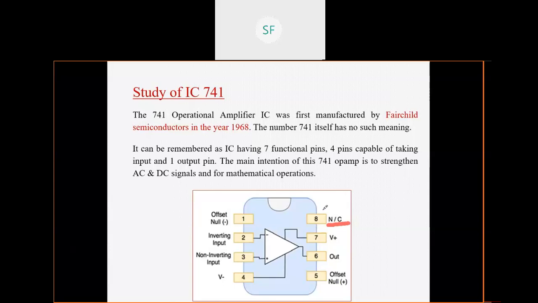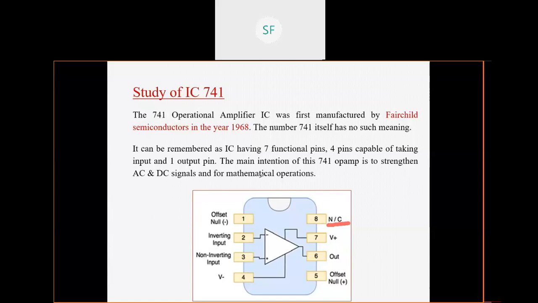We don't use it, but it is provided only for the sake of symmetry. If there were only 7 pins, this IC would not be symmetric. ICs you have generally seen are symmetric in nature: the same number of pins on one side and on the other side. So just to provide the symmetry, this additional pin is given, which will always be not connected.